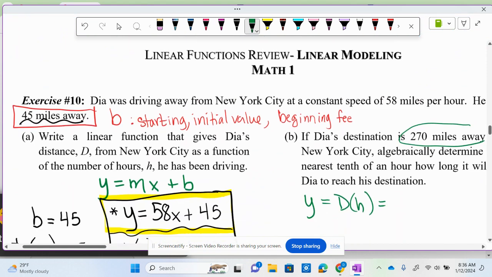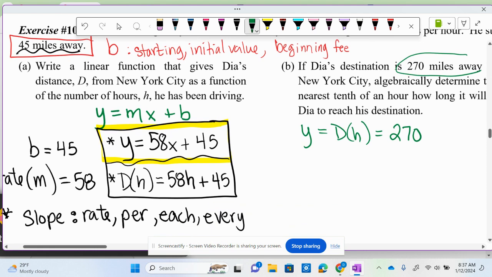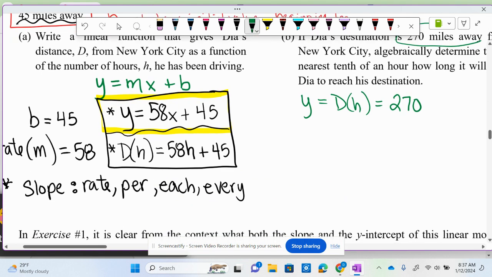Dia is how far away from the city? 270 miles.